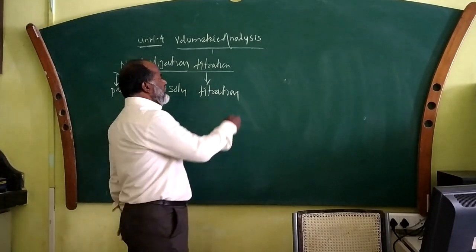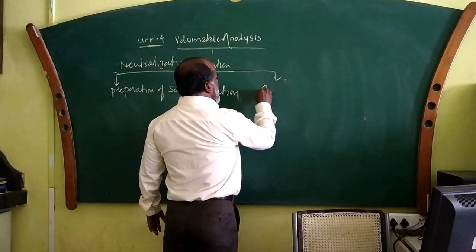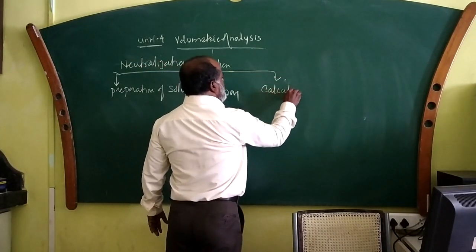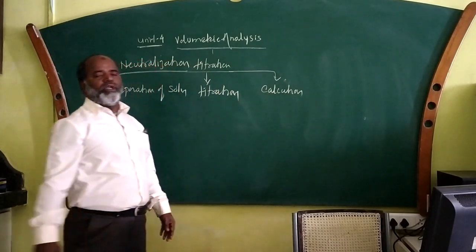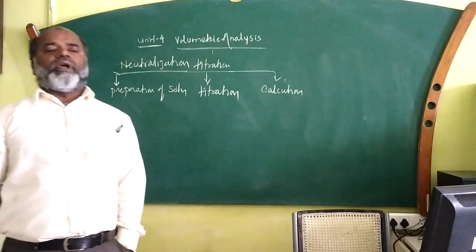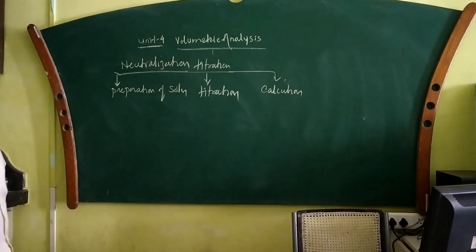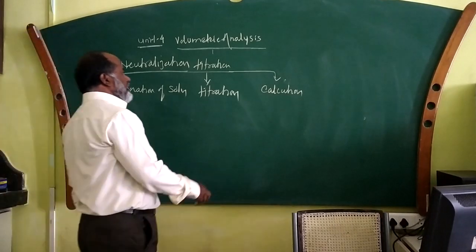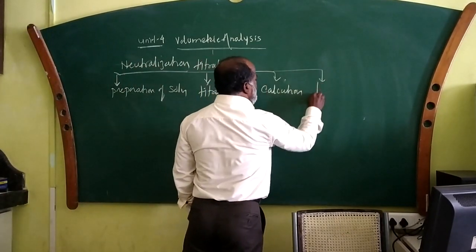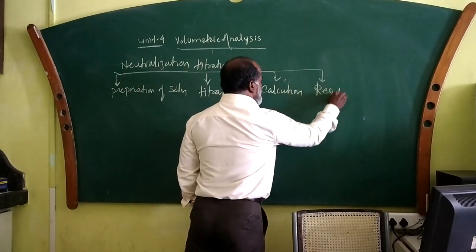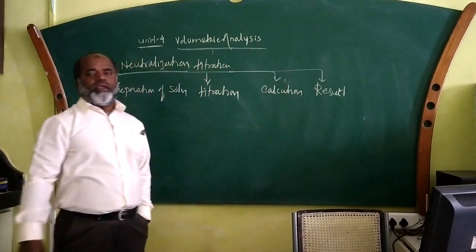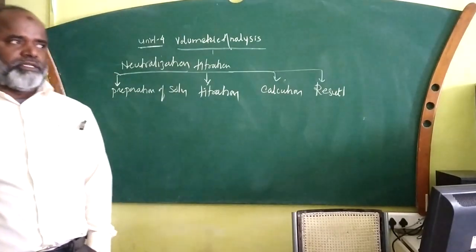After titration, the next step is calculation. Whatever values are obtained during titration, those values are substituted in the formula, called calculation. So preparation, titration, calculation, and after doing calculation, you will get the last step, called result. Here is the end of your analysis.